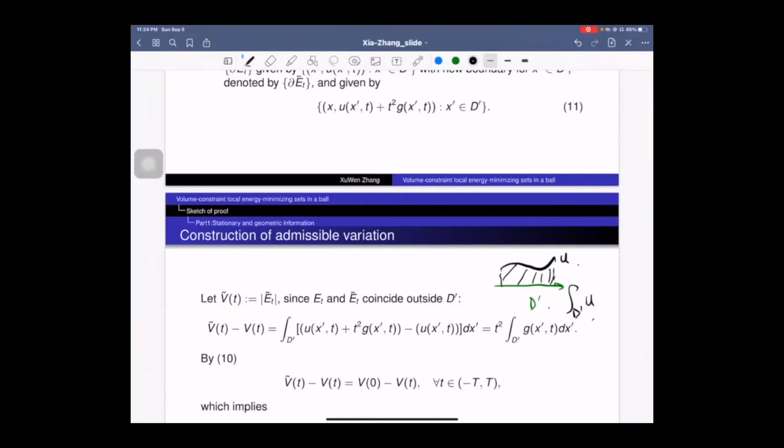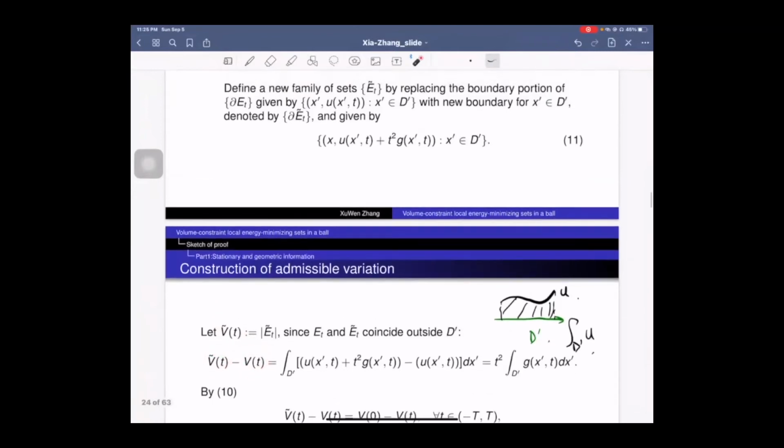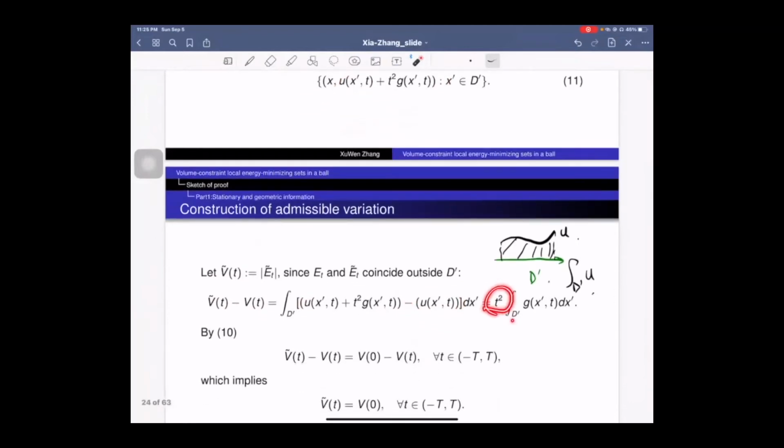So we will have the difference of the volume, the new set's volume minus the original set's volume, is given by the integration of the new graph function minus the integration of the original graph function, which is t squared times the integration of g.